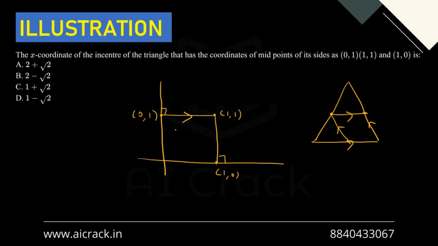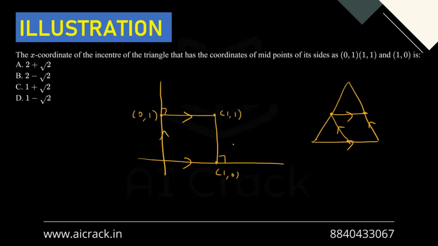Now the line joining this point and this point is exactly horizontal. So the base should be along the x-axis only, because it's passing through this point and it's also parallel to this particular line. So it should be along the x-axis, right? Similarly, this second side should be along the y-axis.